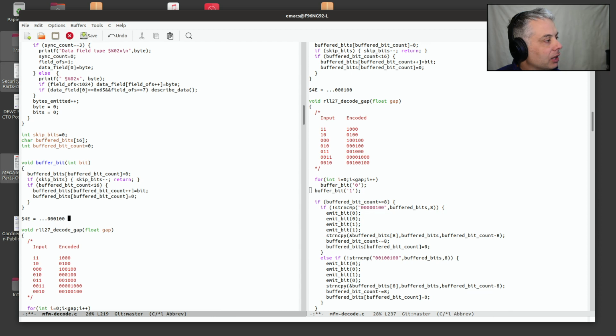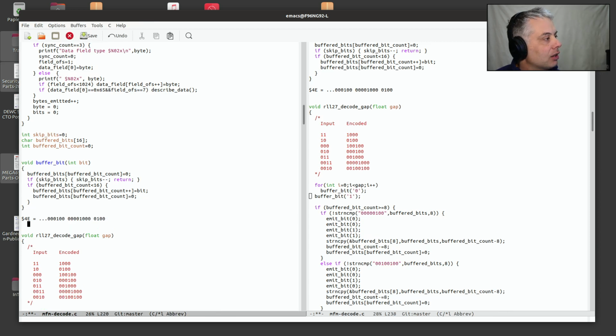And then we need 2 zeros and 2 ones. 1, 2, 3, 4, 1, 1, 2, 3. And then we need 1, 0, 0, 1, 0, 0. So if we mush that together, again, one of the annoying things with RLL is the preceding bytes actually make a difference on what comes next. So we're going to have at least 3 zeros on the front, possibly more.